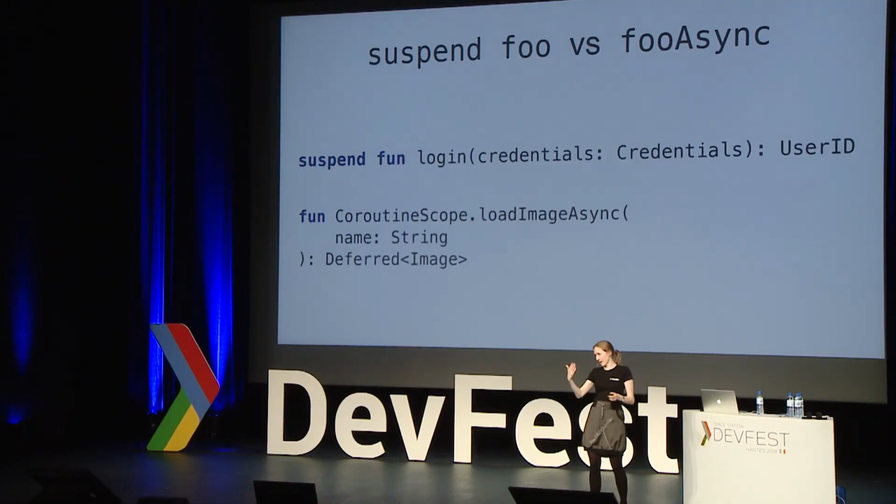You probably remember my first example with the login, when I defined it as something that returns deferred, I had to call await right away. And this is a kind of marker that, yes, in this situation, suspend works better.